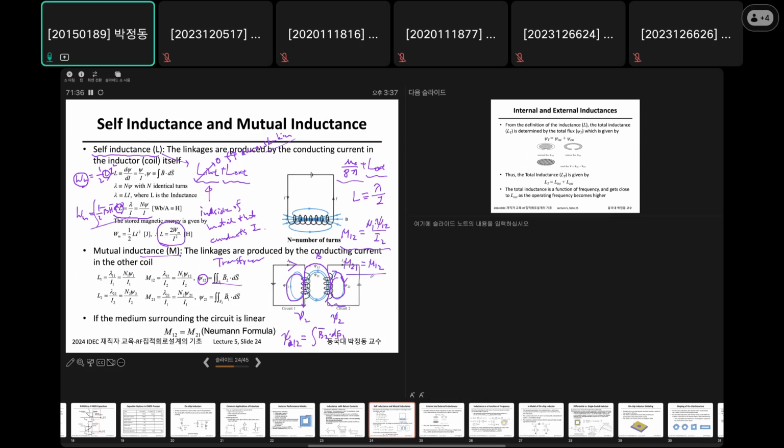This is also true for any passive component. Passive components have reciprocity, except a ferrite bead, right?